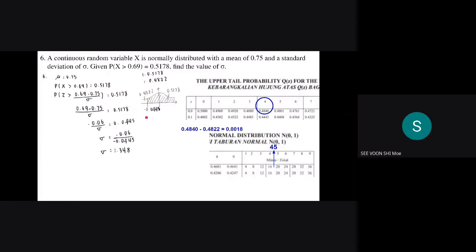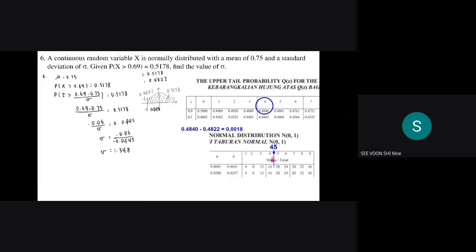Then from the table, we can find that 0.4840. Then we use this number to minus 0.4822. Then we can get 0.0018.